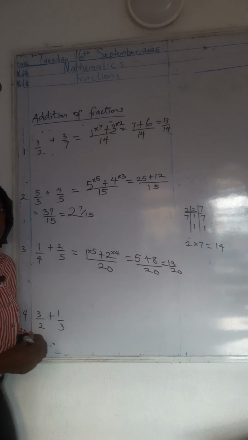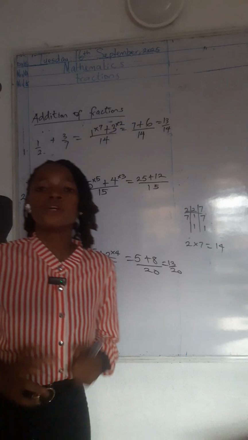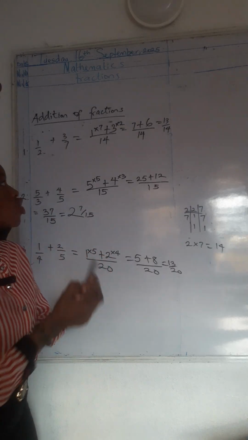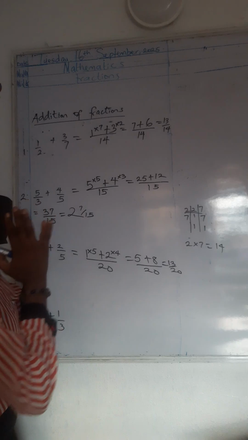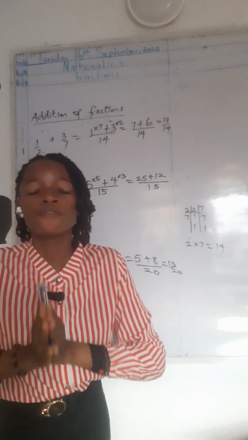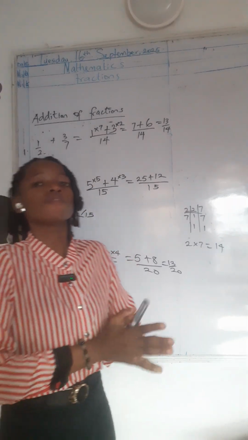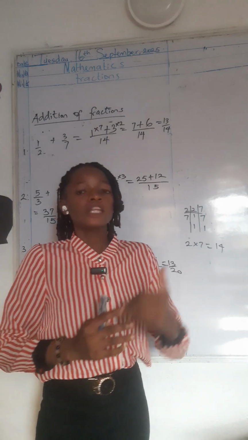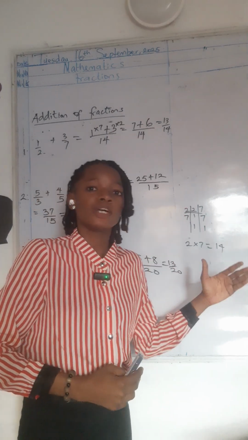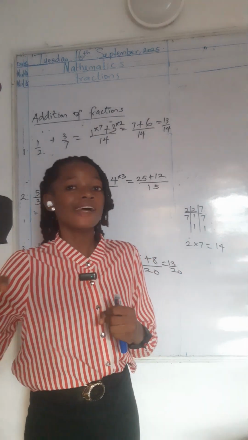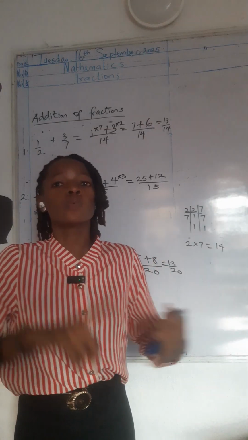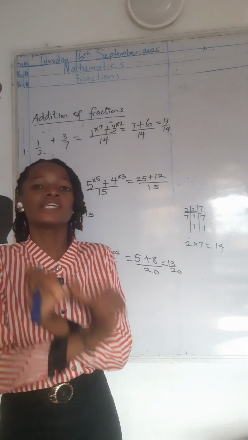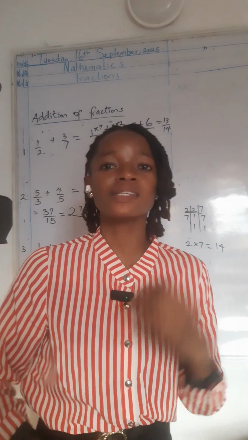I hope you understand. Now, to recap what I've just explained, we have different ways of solving for our LCM. Instead of using the prime factorization method, use the easiest way, because during examinations we will be working with time, so we need to find the easiest way to get our answers.